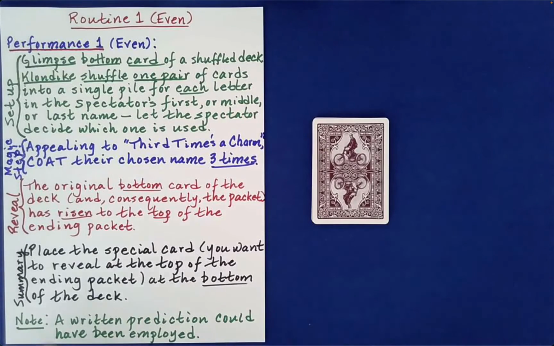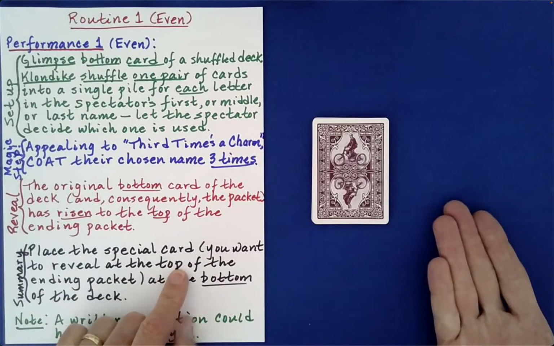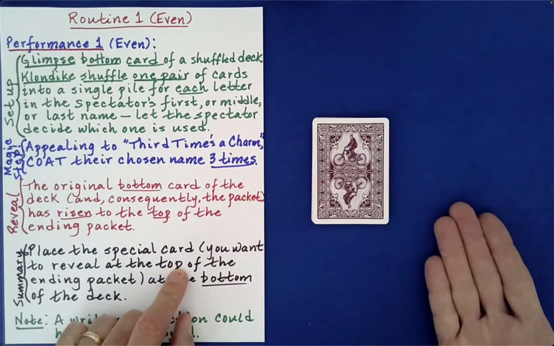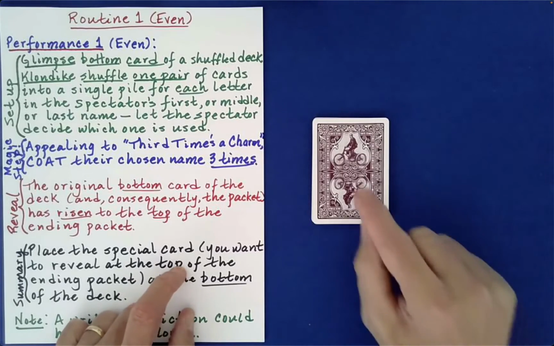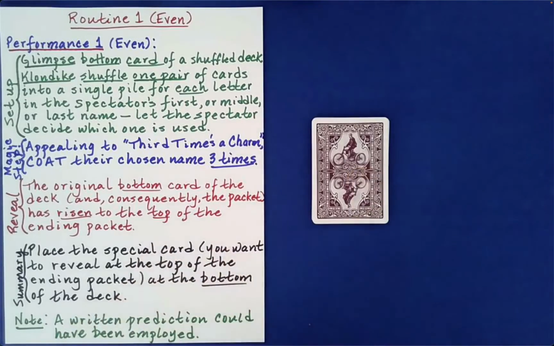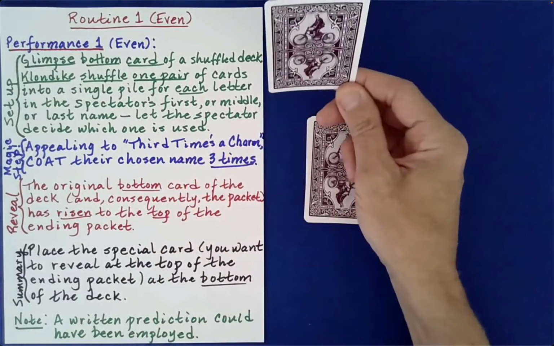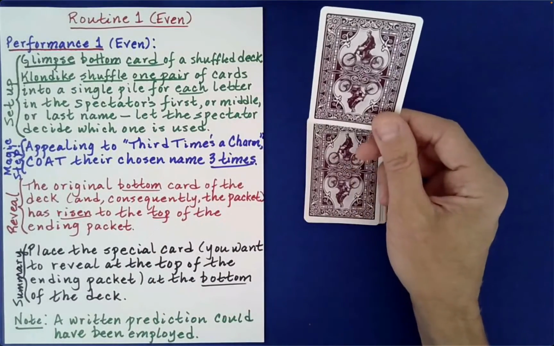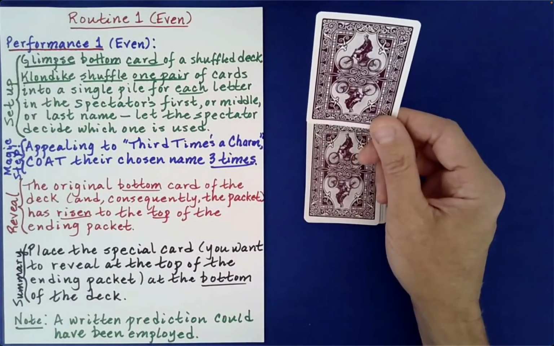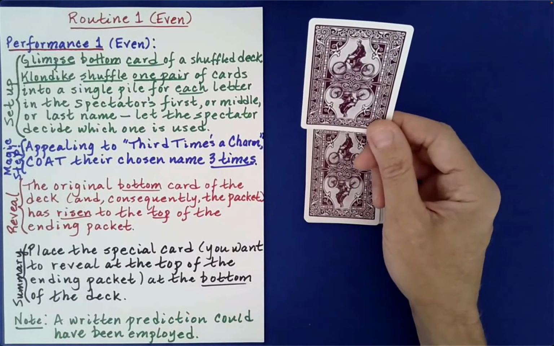So if you place a special card at the bottom, or you simply note the identity of the card, the original bottom card of the deck, before you turn this over, you could either just state it, or you could even have the spectator take it and look at it, and then you look deeply into their eyes and try to discern what card they're looking at.